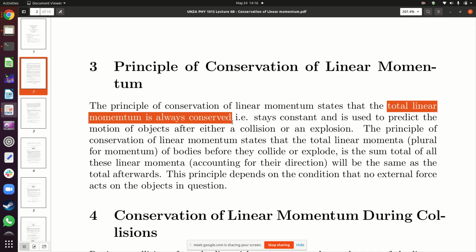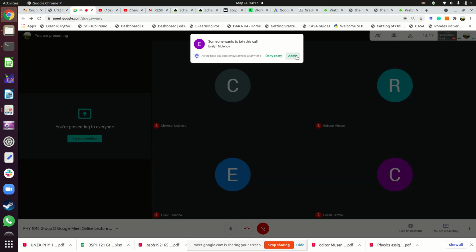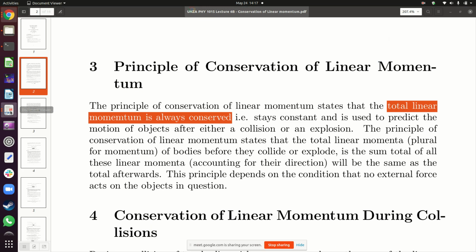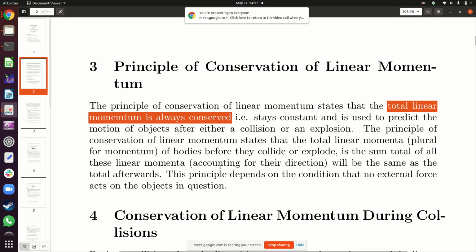It's always conserved. This is what is referred to as the principle of conservation of momentum. And like I've said, you have to be aware of direction. Momentum is a vector, and when you're talking about vectors, direction is important in this case, so that bit has to be taken into account.